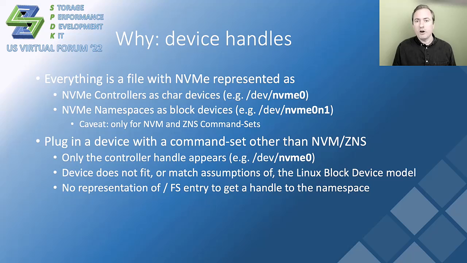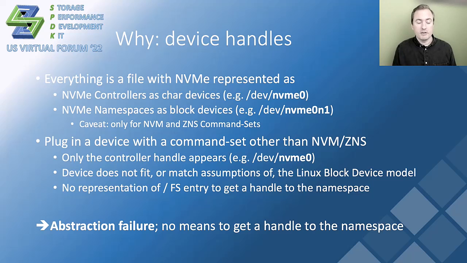And similarly for other emerging interfaces provided by NVMe, well, they don't really fit that abstraction of blocks and files. They're doing something that's very semantically different. So without a representation of these devices in the file system, then we get the first abstraction failure, which means you can't get a handle or way to open up a device such that you can try and communicate with it.